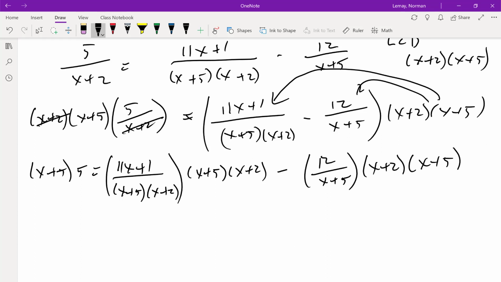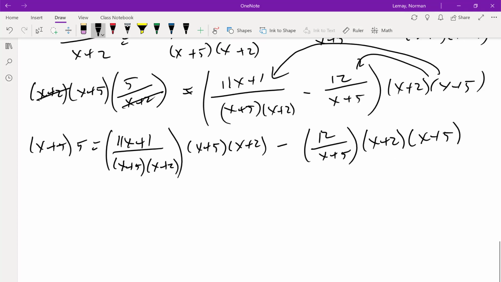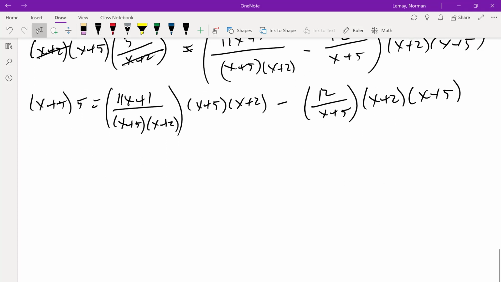The nice thing is these will all start to cancel out. As we distribute the 5 across the addition, we get 5x plus 25 equals, and notice that these will cancel with this. So this all drops down to 11x plus 1. Very nice.